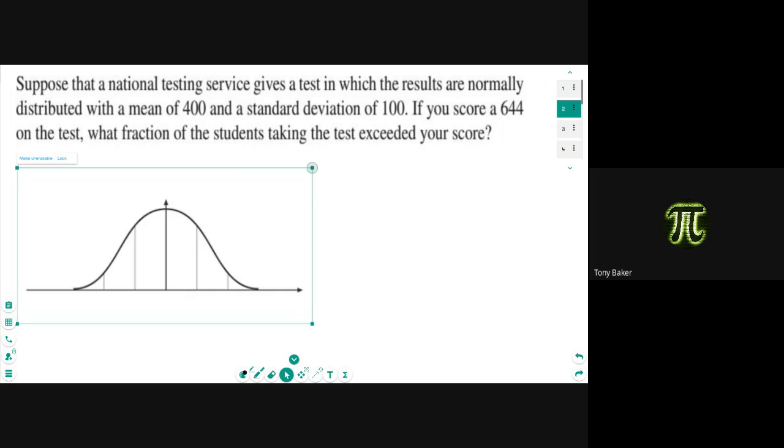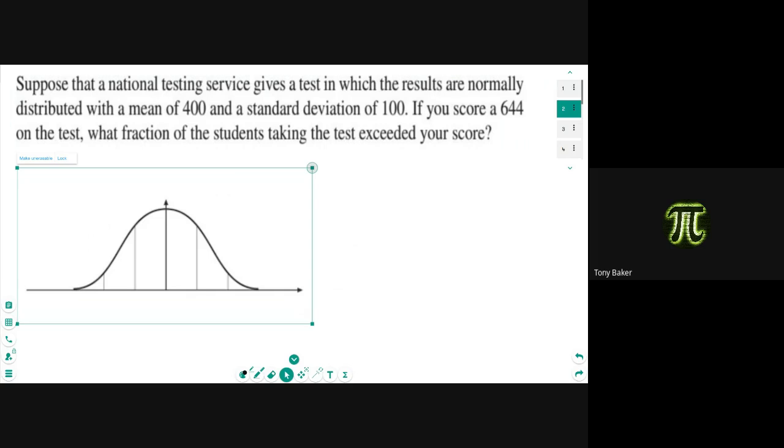Suppose the National Testing Service gives you a test, which the results are normally distributed with a mean of 400. This is literally how they do the SATs. When they're designed, the mean score should be 400. So if you're average, you should get a 400 on the SATs. Standard deviation is 100, and it goes up to 800.